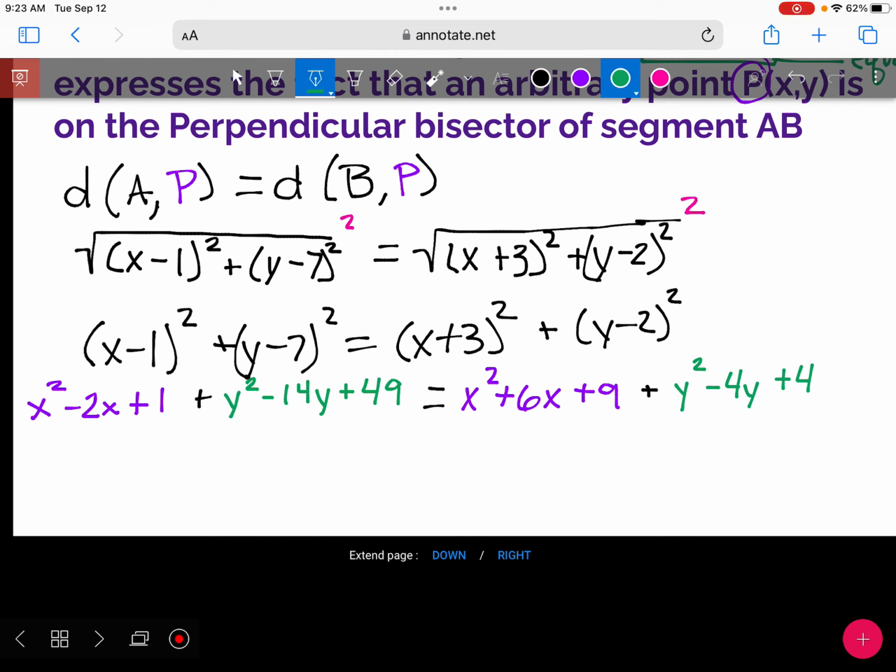I did the y's in green and the x's in purple, just so we could see them.